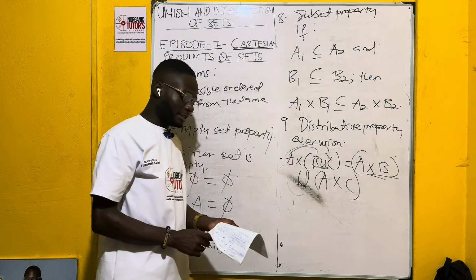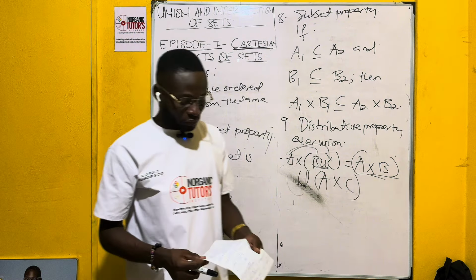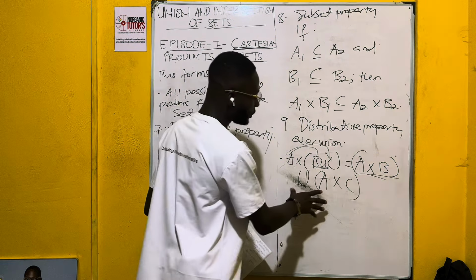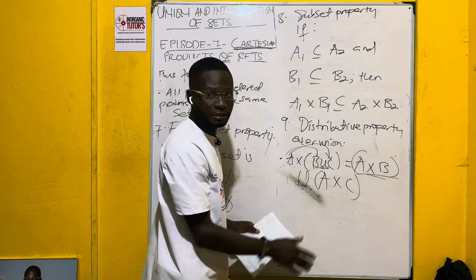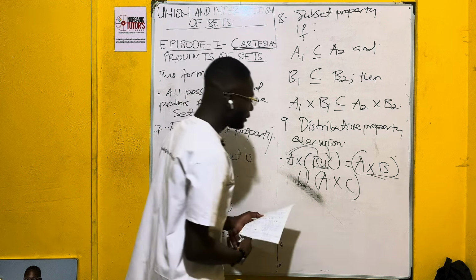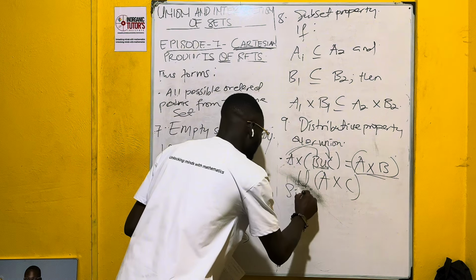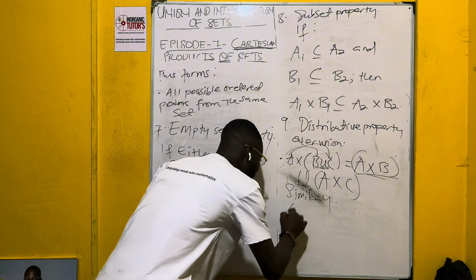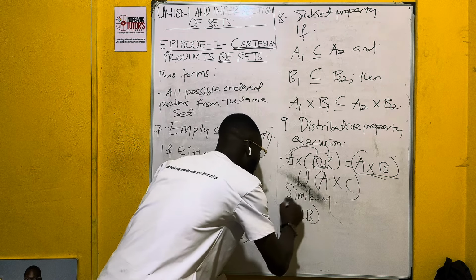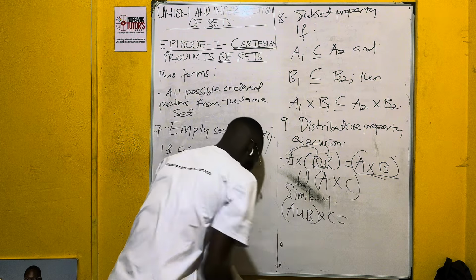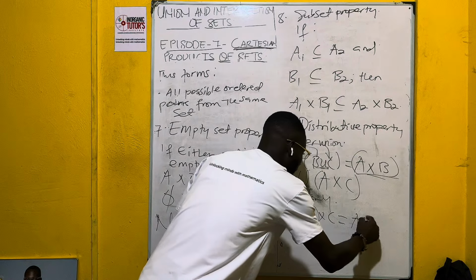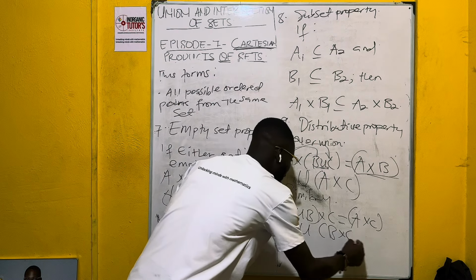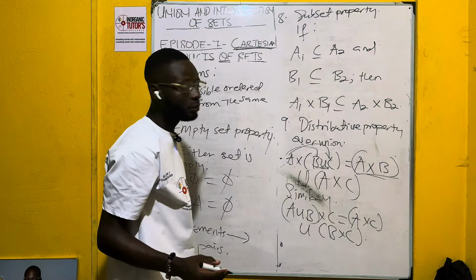Now, let's look at the other way round. So that is for the first part. Similarly, we can say that (A union B) cross C is the same as (A cross C) union (B cross C). And this also makes sense.